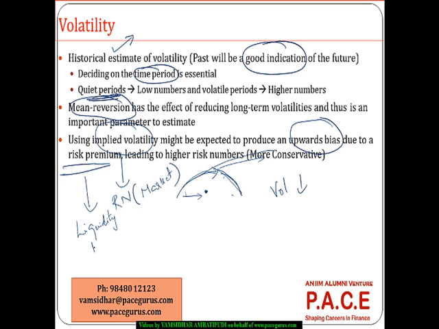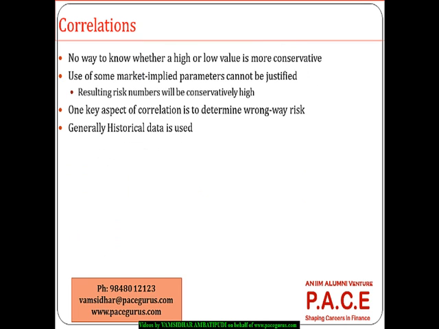There could be a default premium. There could be many other premiums that can get added up, which means the risk premium is included, resulting in an upward bias. So that's one of the prime reasons the risk neutral probability sometimes may not be considered. So generally from a volatility perspective, the preference is more for going with a real world probability approach rather than a risk neutral one.